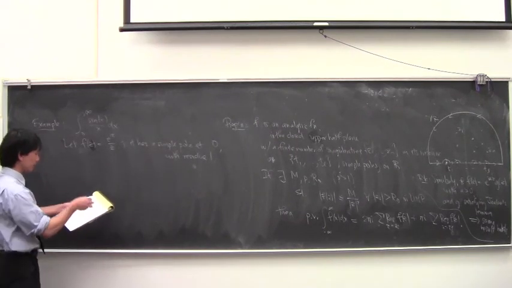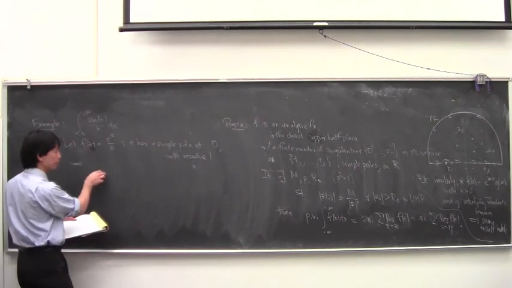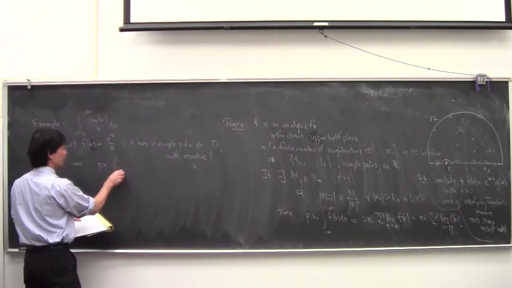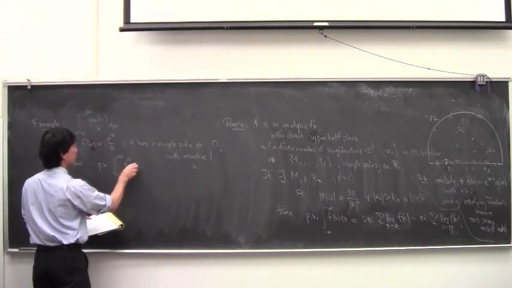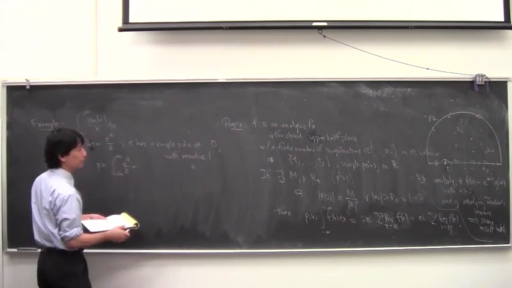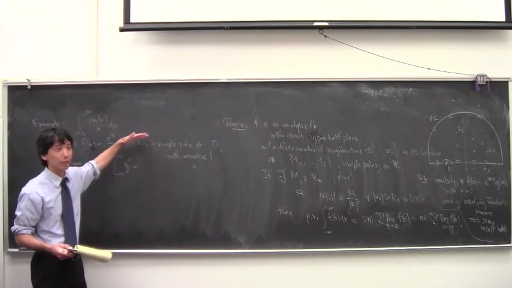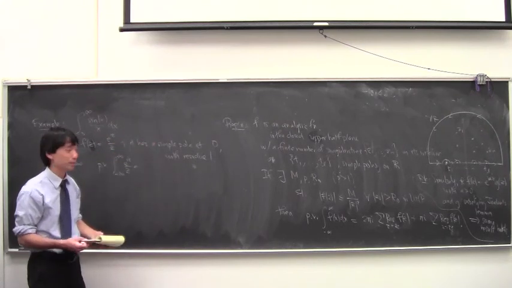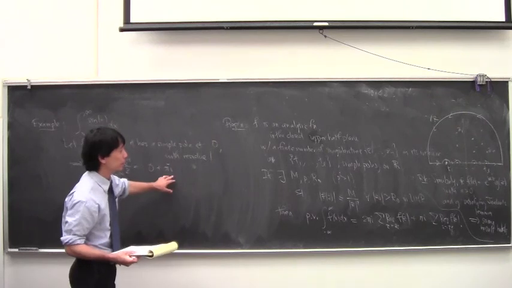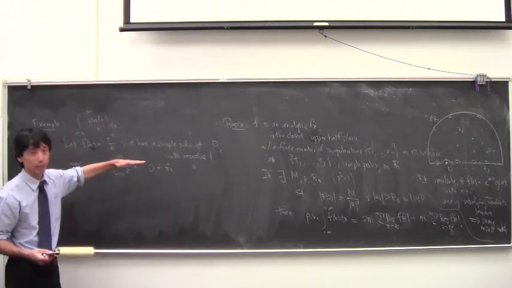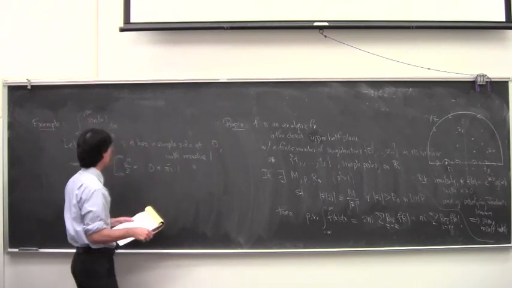Okay. So what does that tell you? You just use the theorem, right? And the theorem says that the principal value integral of e to the iz over z is going to be 2 pi i times the residues in the upper half plane, but there are no singularities in the upper half plane, so that's 0, right? Plus pi i times the residues on the line, right? So that's times 1, right?